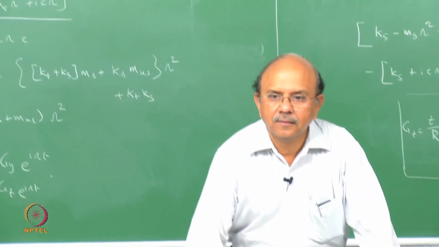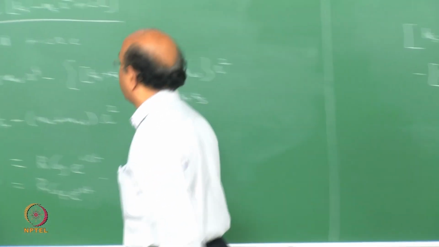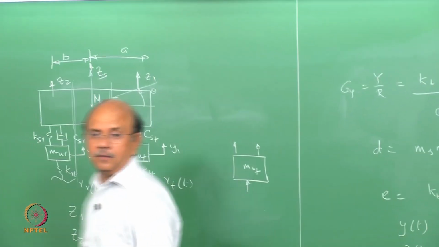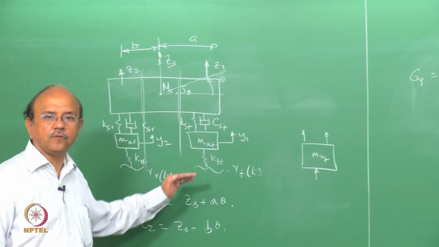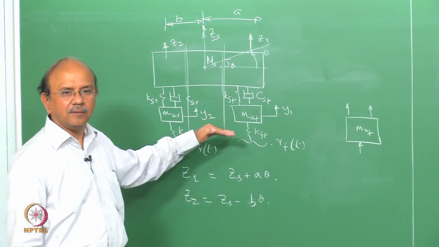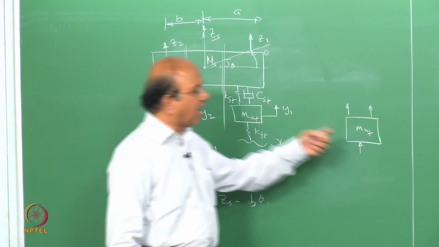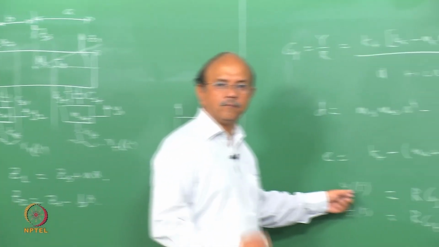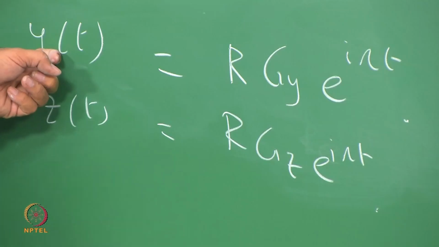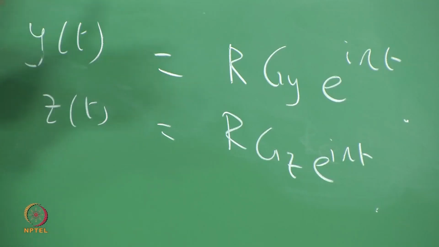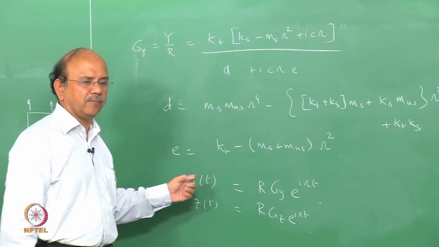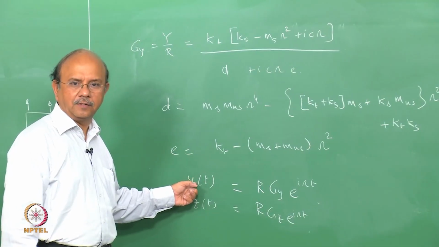Right. So once you measure this, suppose I want to know how much of road input has gone in. I have measured it. In other words, I know what this quantity is, right? Let's say that I do FFT, I do all those things. Let's take one frequency. I know what has gone in here.